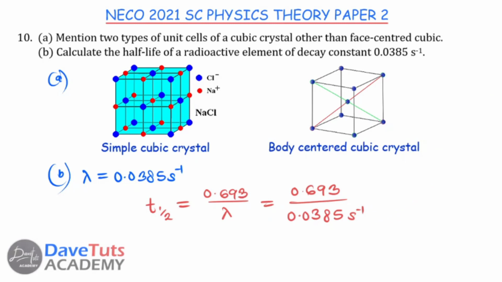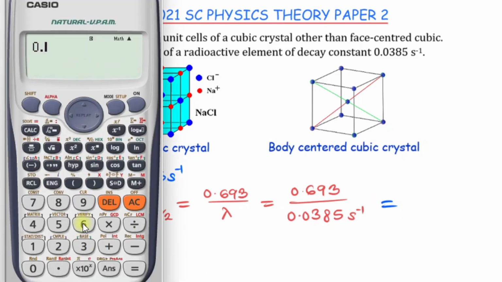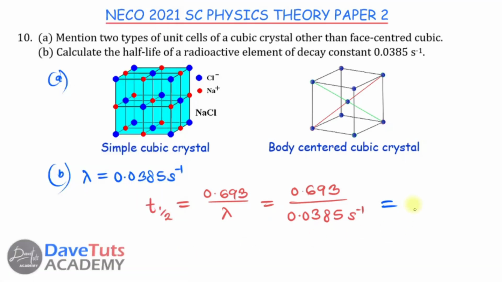We can make use of our calculator: 0.693 divided by 0.0385. This is 18, so the half-life of this radioactive element is 18 seconds.